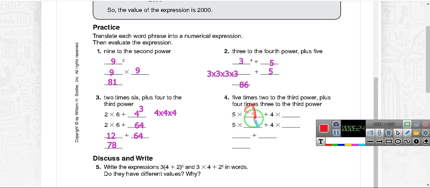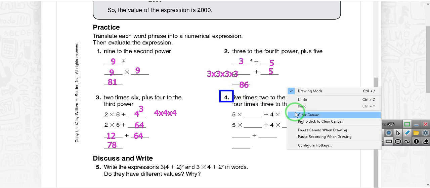You have to evaluate 2 to the third power, 2 times 2 times 2, which is 8. And here you have 4 to the third power, 4 times 4 times 4, which is 64, as I told you. Then you do the multiplication on both left and right, and then add the answers. Okay, I'm waiting for you. It's homework and it will be graded.